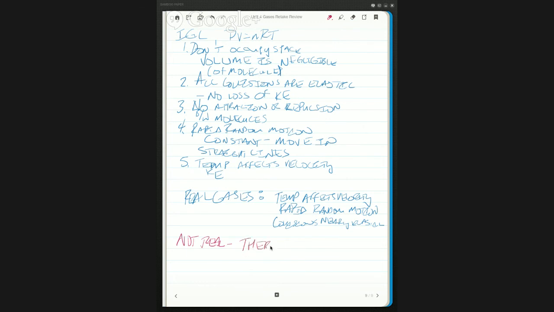So there is attraction and repulsion, and molecules do occupy space. I mean, you could say that collisions aren't really elastic, but for the most part, the temperature makes it so that they don't lose a lot of energy.